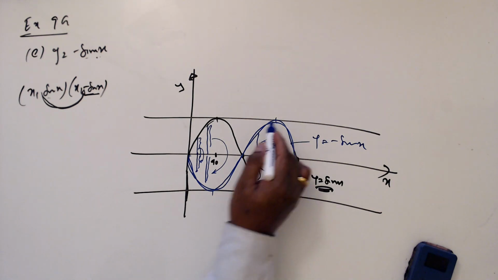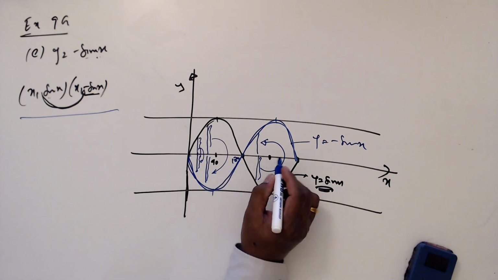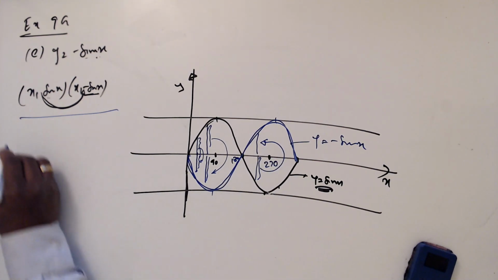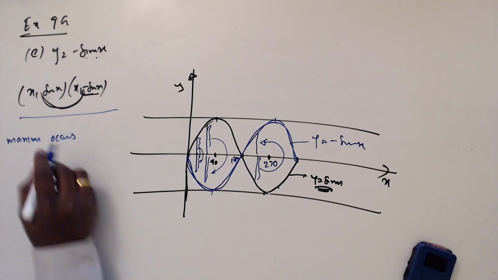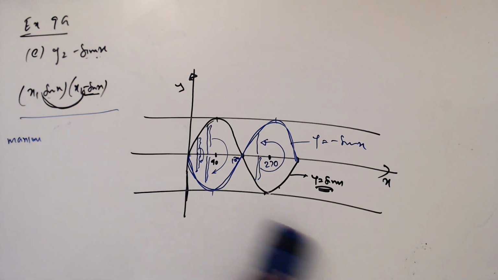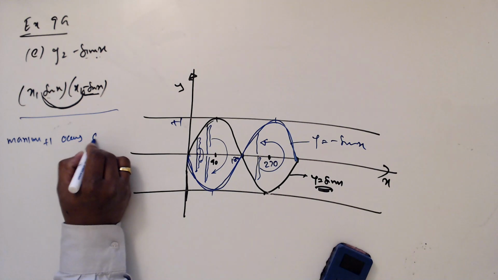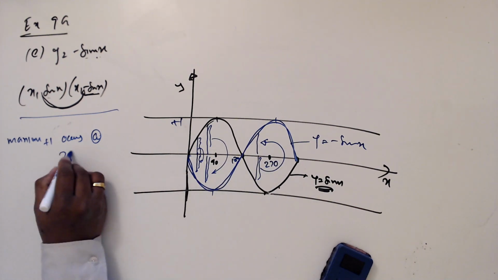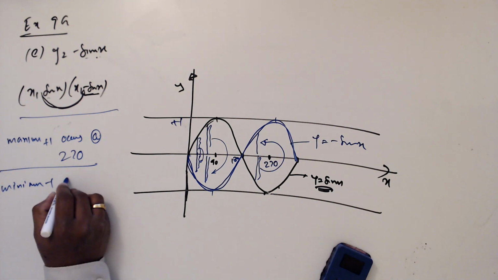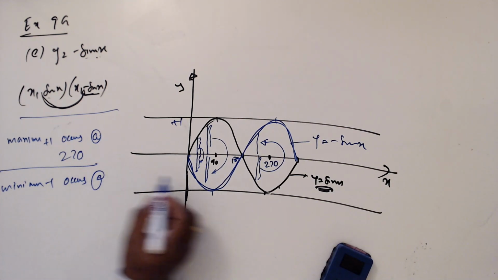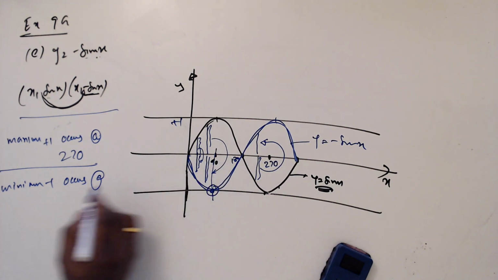Now maximum is occurring at, this is 90, 180, 270. Maximum plus 1 occurs at 270, and minimum minus 1 occurs at 90.